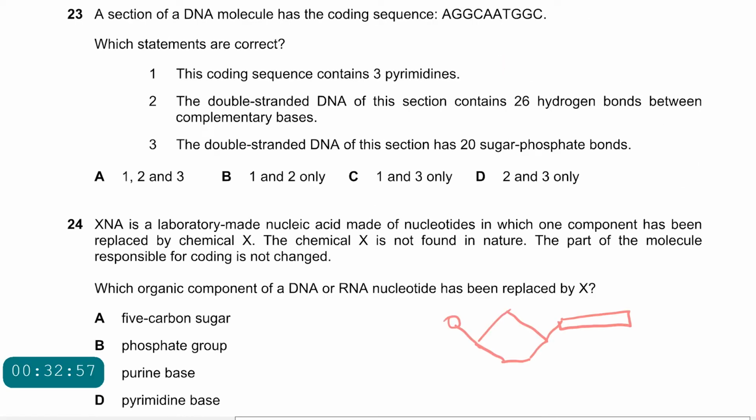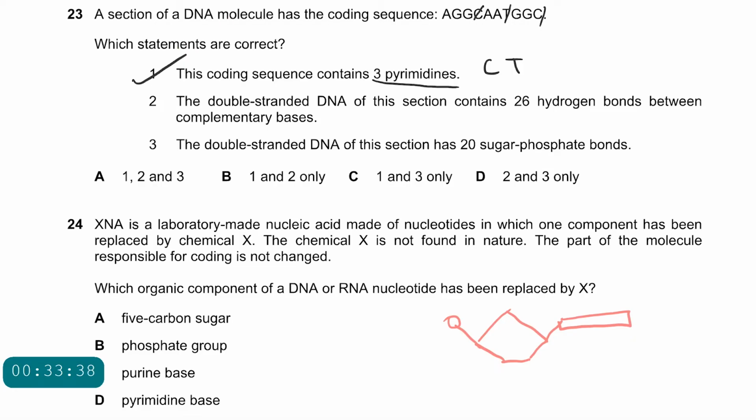Question number 23. A section of DNA molecule has the coding sequence. Which statements are correct? Number 1. This coding sequence contains 3 pyrimidines. This is correct because pyrimidines are cytosine and thymine. Therefore, here we can see that there are 3 pyrimidines. Therefore, this is correct.